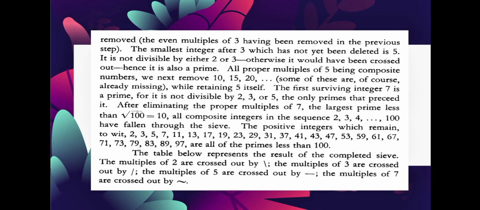So the table below represents the result of the completed sieve. The multiples of 2 are crossed out, the multiples of 3 are crossed out, and the multiples of 5 are crossed out, and also the multiples of 7 are crossed out.